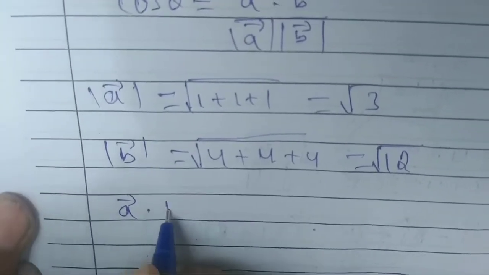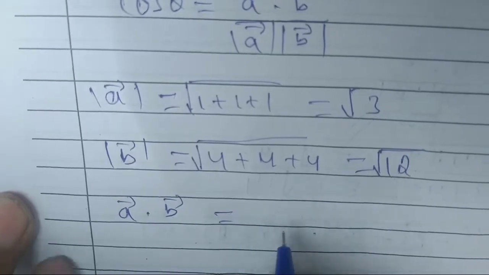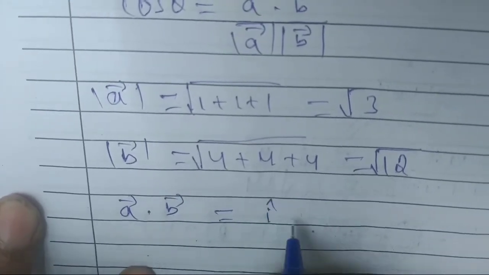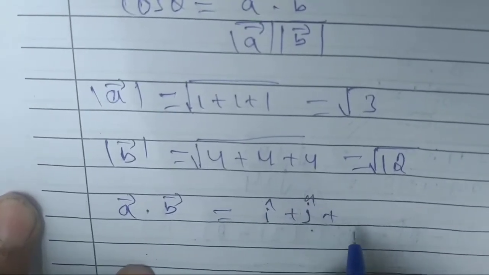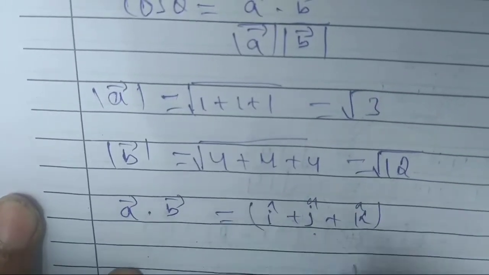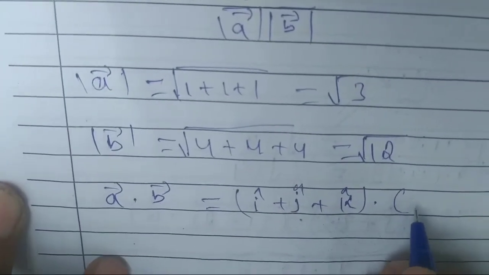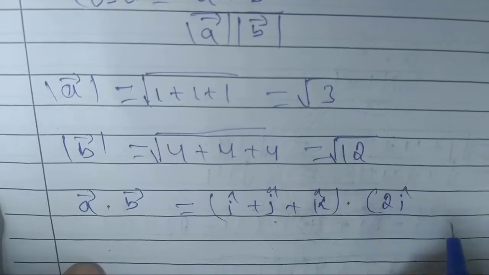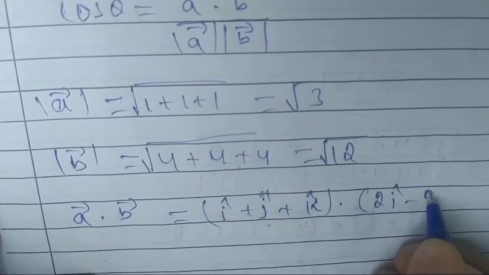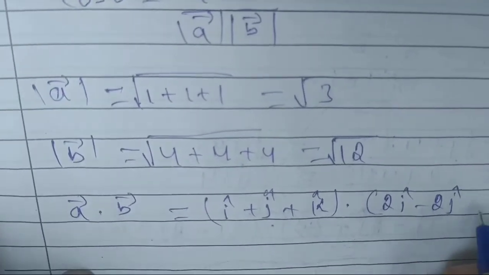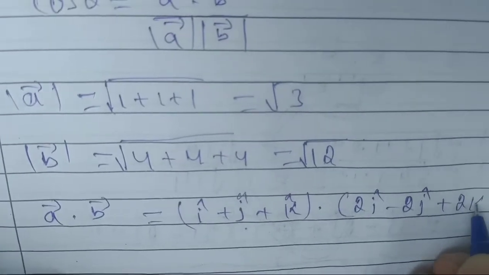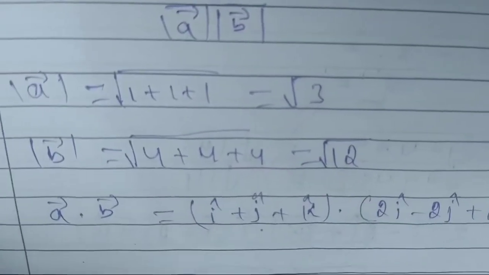Now a vector dot b vector, which is equal to i cap plus j cap plus k cap dot 2i cap minus 2j cap plus 2k cap.